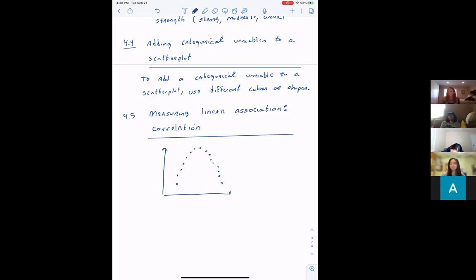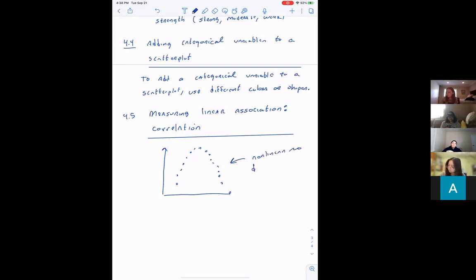So if you try to measure a nonlinear association with this technique, the result will probably come back that it's not linear. And you'll say, oh, look at that numerical value that I had. There's no association. No, that's not correct. There's no linear association, but maybe there will be an association anyways. So this is nonlinear.